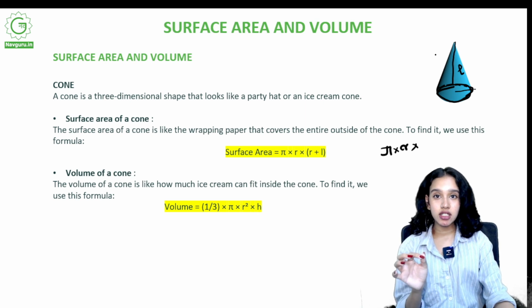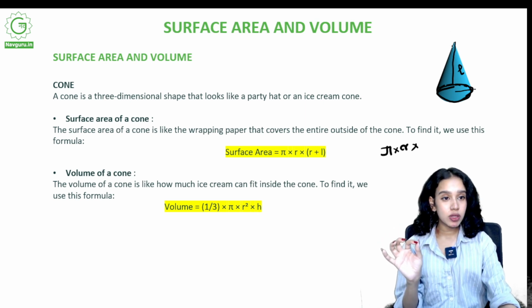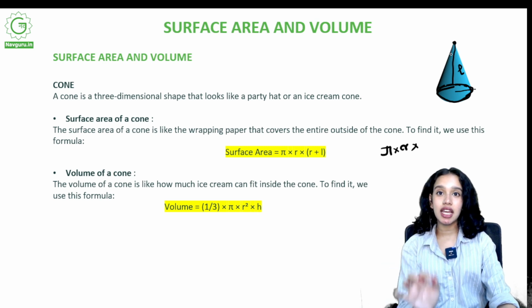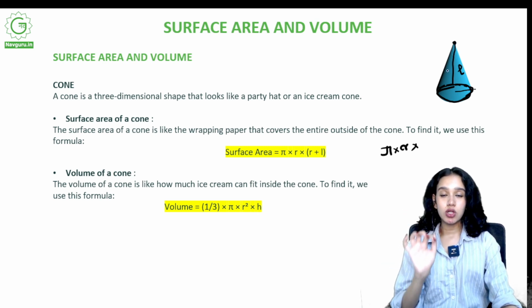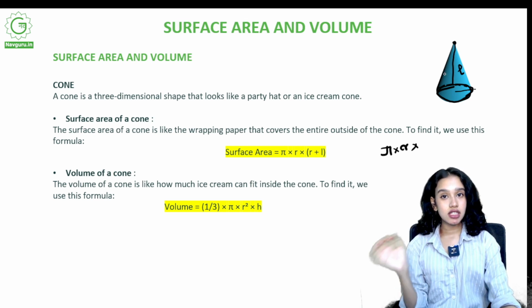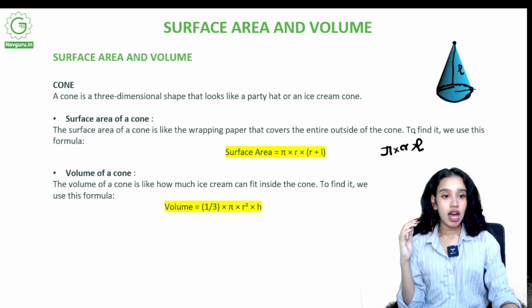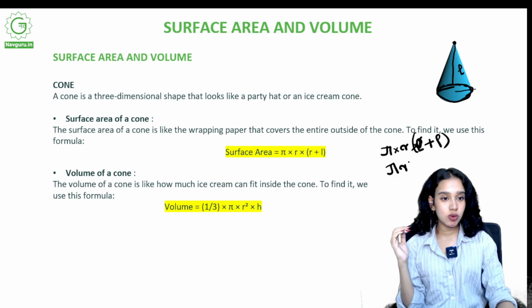If we take a cone, the straight line drawn from the vertex to any point on the circular base is called the slanted height, right? So, pi into r plus L. So, this becomes pi r square plus pi r L.